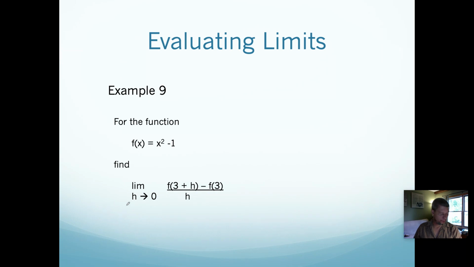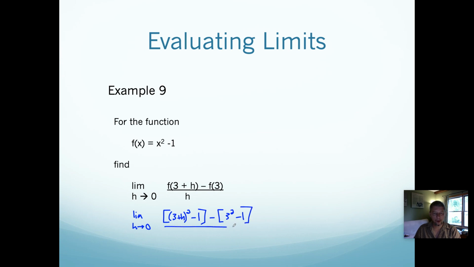So how do we plug this all in? Well, this becomes the limit as h approaches 0 of, and in this case I'm going to use some brackets here, 3 plus h quantity squared, because 3 plus h represents the x, minus 1, minus, now f of 3 is going to be 3 squared, because 3 represents the x, minus 1.